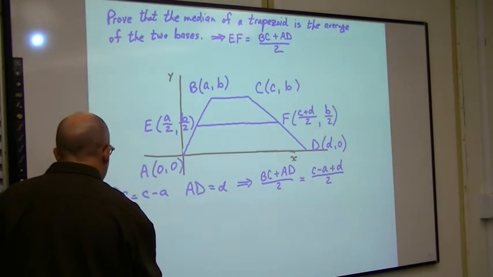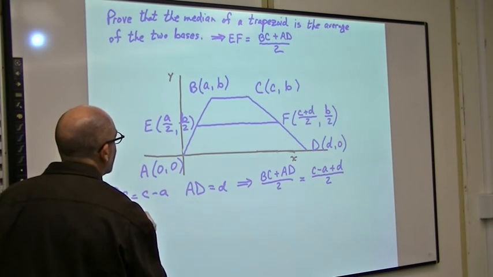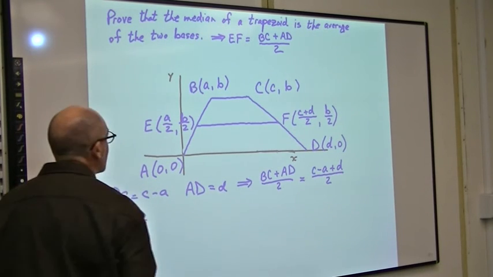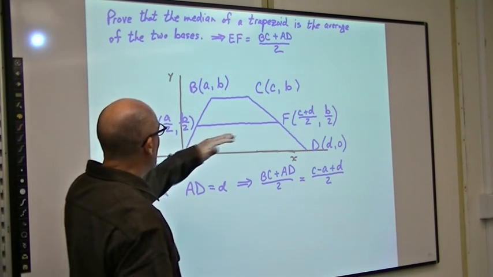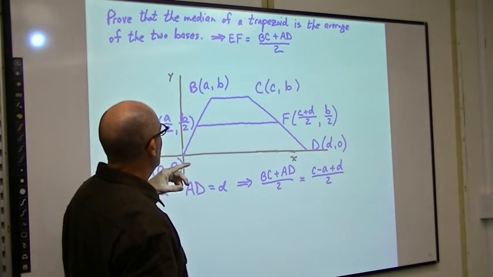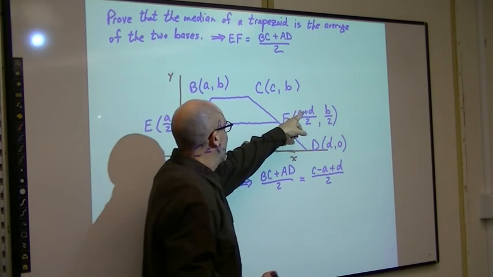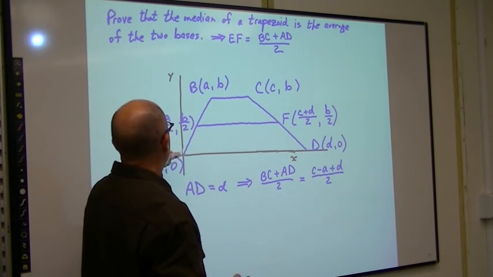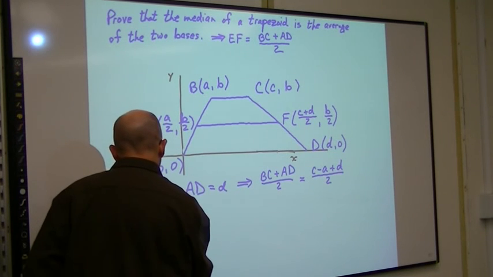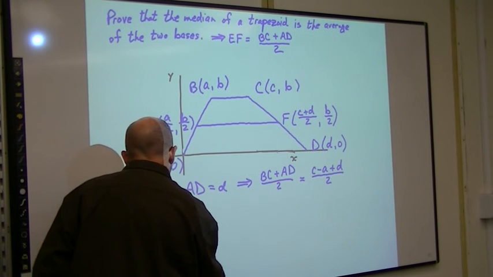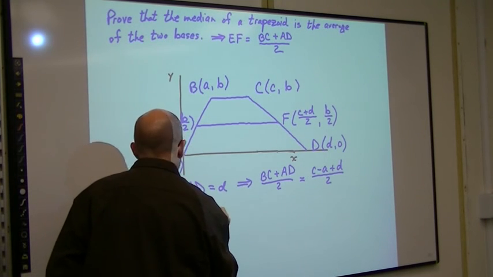So the distance from E to F is going to be, okay, notice we're at the same level across here, so all we do is say it's C plus D over 2 minus A over 2. So C plus D over 2 minus A over 2.